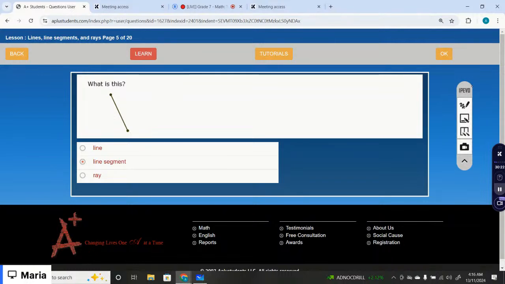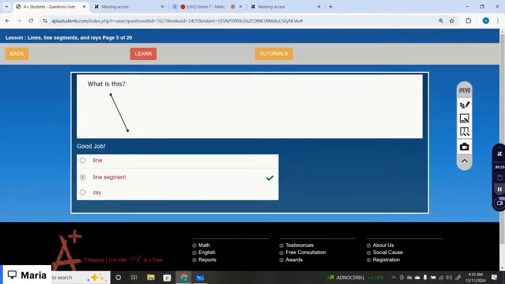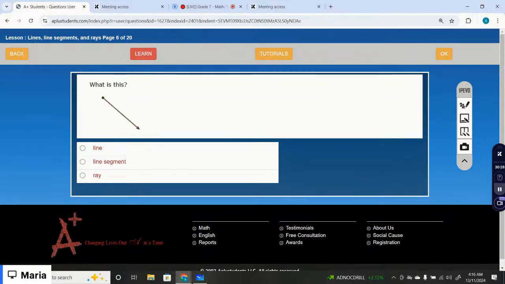That is a line segment, right? The correct option is line segment. Okay, what is this? The correct option is ray. Okay, you can complete the lesson by yourself later today. Let me just move on to the next lesson.